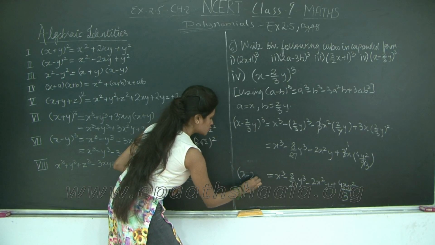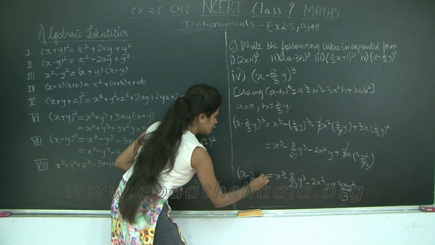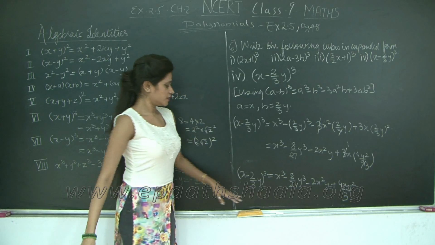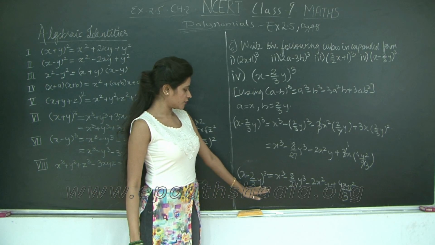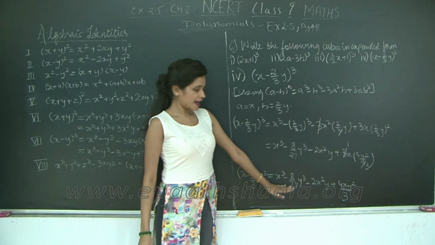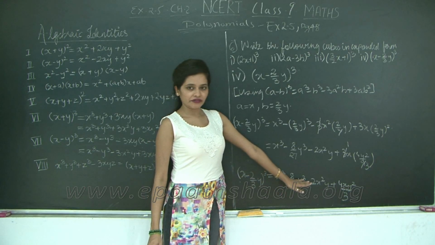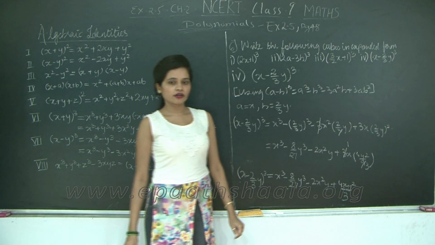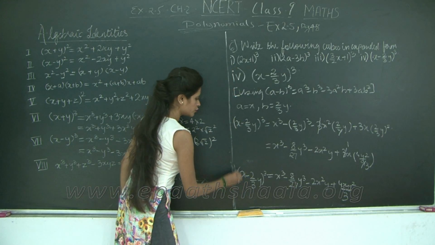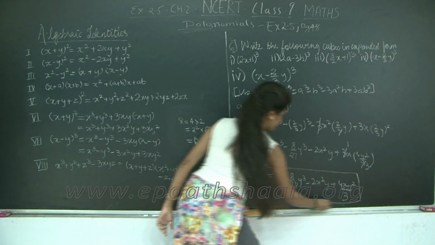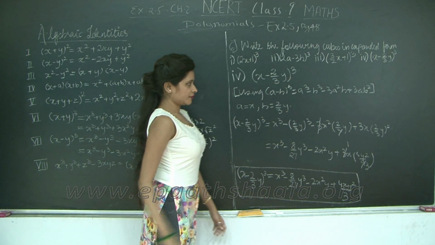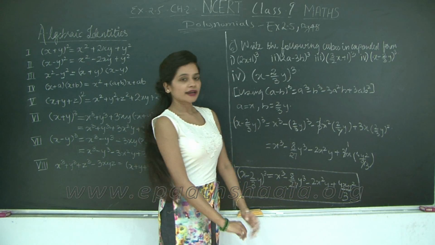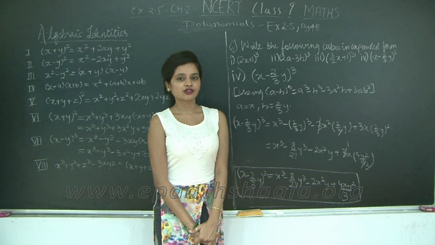So x minus 2 upon 3y the whole cube is nothing but x cube minus 8 upon 27y cube minus 2x square y plus 4xy square upon 3. And finally I am going to box up my answer. So with this we wind up question number 6 of exercise 2.5.